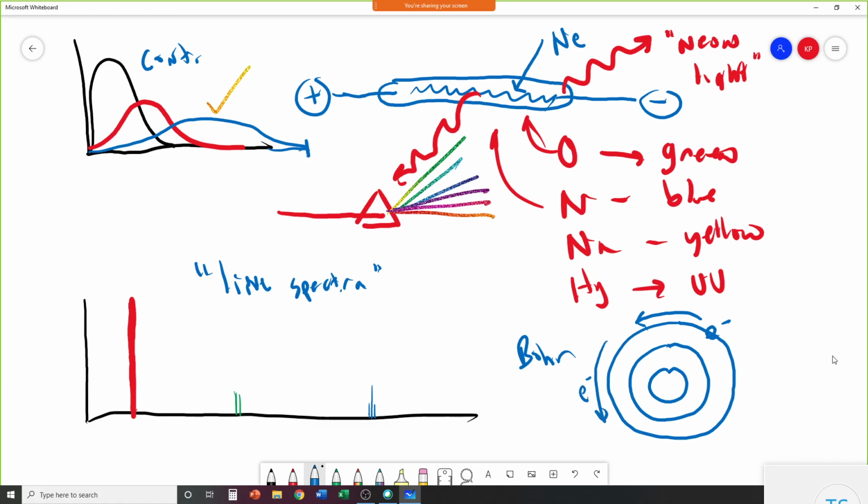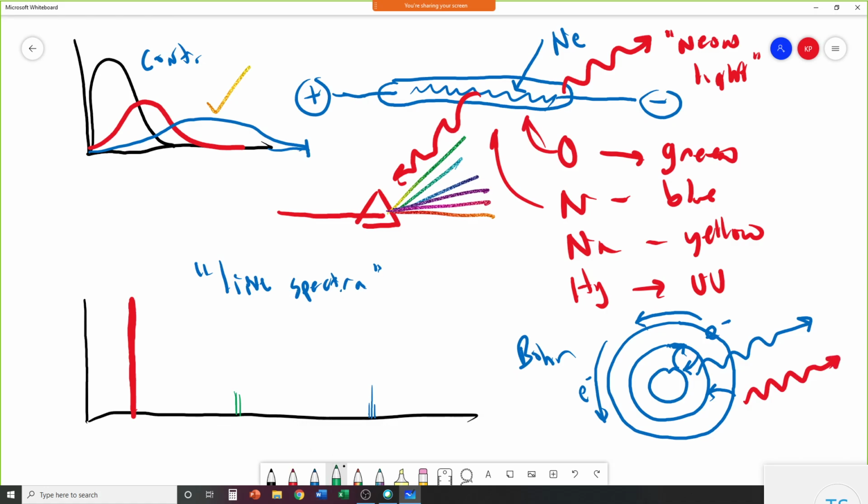And when they change energy levels, when they go from one to the next, or when they fall down from one to the next, energy comes out. Or like if you go from, say, here to there, then a different frequency of light comes out.